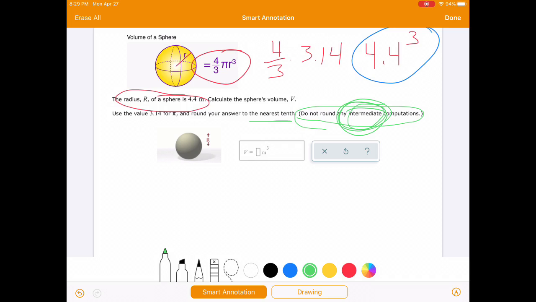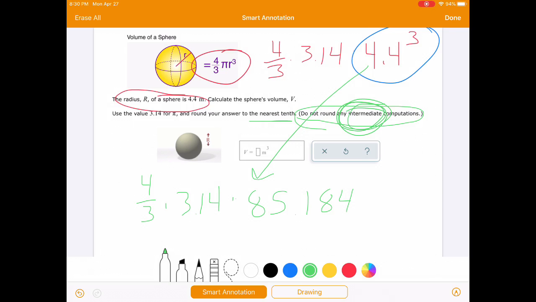So let's go ahead and get started. So 4.4 to the third power. All right, so I'm going to come down here, 4/3 times 3.14. 4.4 to the third power is 85.184. And this is what they're talking about. Don't round 85.184. Leave that 85.184. And now it's all multiplication.